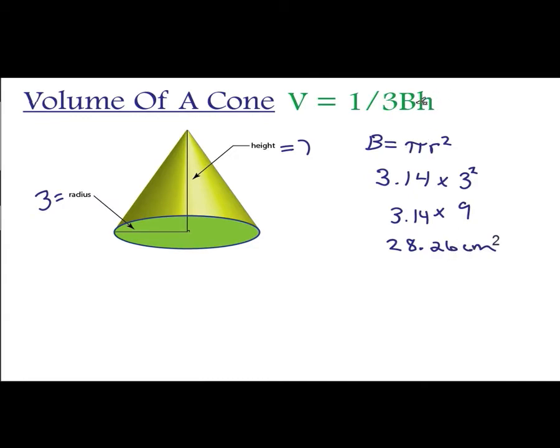That's the last thing we need to do: multiply big B, which is the area of a circle, and we got 28.26 centimeters, and now we're going to multiply by 7. This gives us 197.82. And now the last thing we have to do is divide by 3.